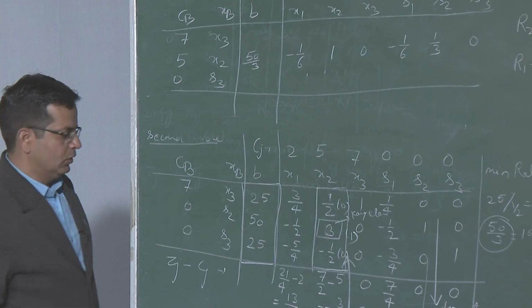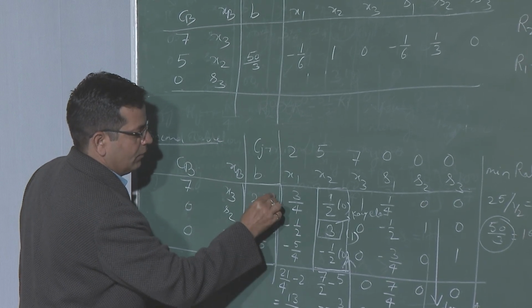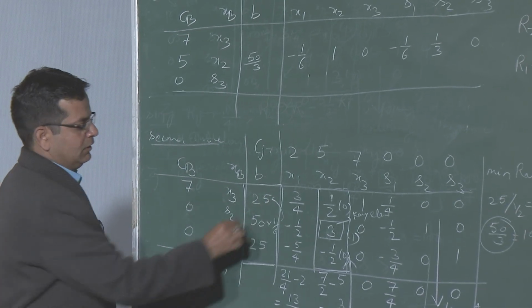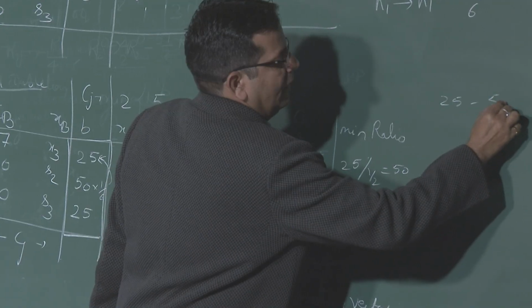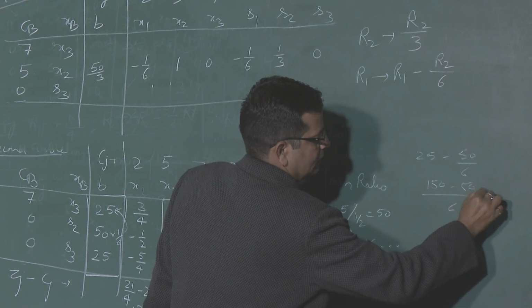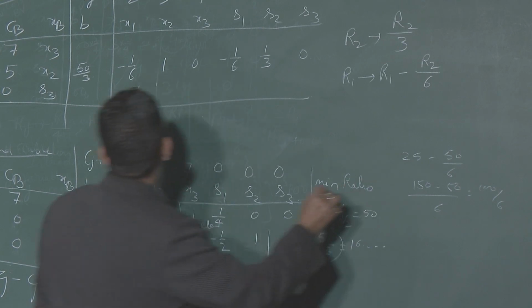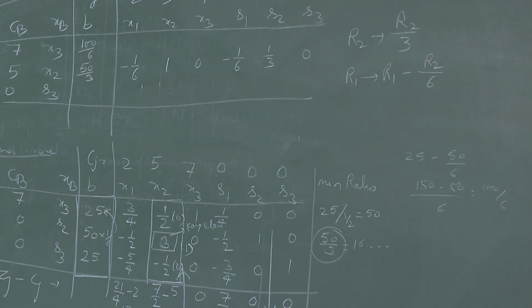When we multiply it by 1 by 6, it becomes 1 by 2, then subtract it from 1 by 2, it becomes 0. So, it is 1 by 6, 25 minus 50 by 6. So, it is 150 minus 50, that is 100 by 6. So, here we have the quantity 100 by 6.